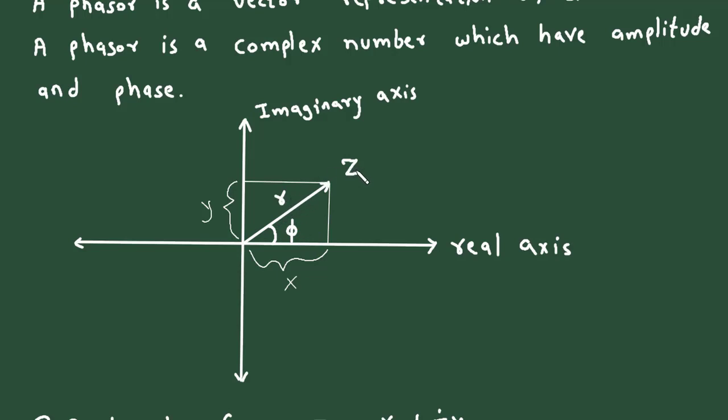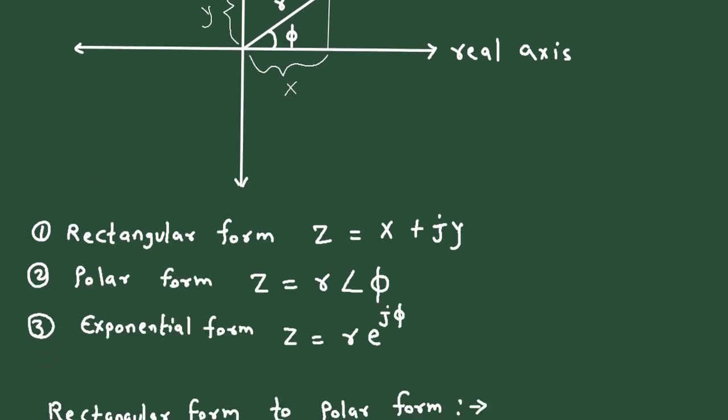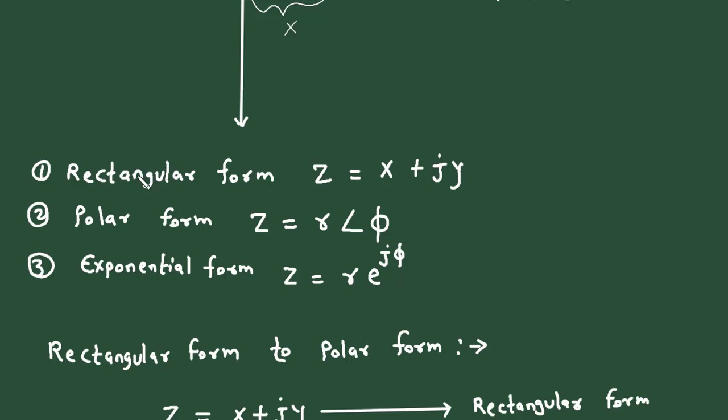This is the magnitude of z, where z is the phasor. This z is a complex number. It have x component and y component. Then the phasor can be represented in three ways, that is rectangular form, polar form and exponential form. In rectangular form, it is z is equal to x plus jy. In polar form, it is z is equal to r at an angle phi, and in exponential form, it is z is equal to r into e to the power j phi.